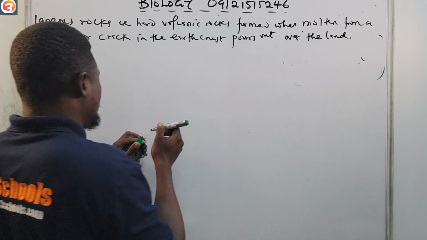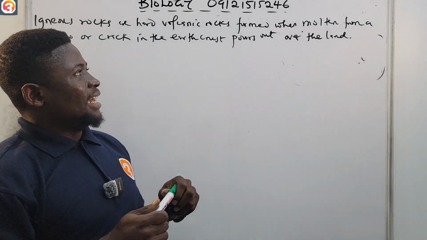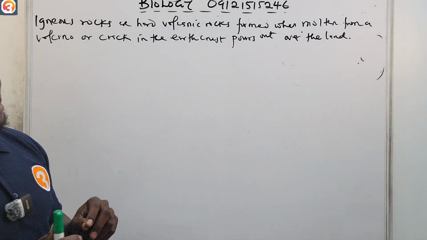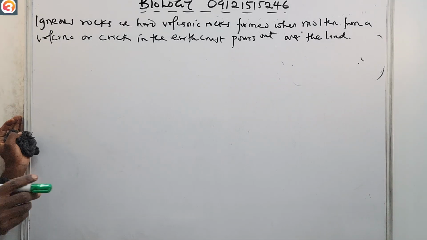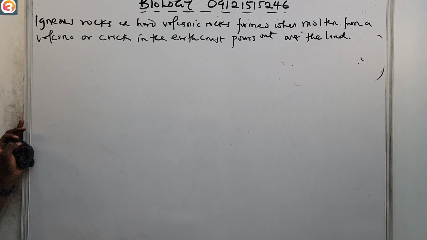So igneous rocks are hard volcanic rocks that are formed when molten material from a volcano or crack in the earth pours out over land.